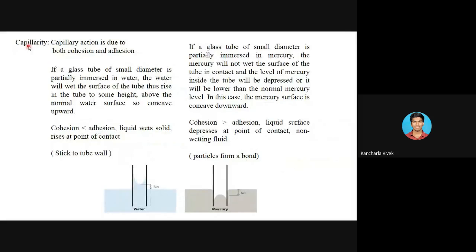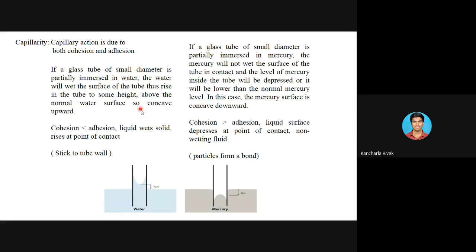Capillary action, however, is due to both cohesion as well as adhesion. So water molecules will be pulling other water molecules beside or beneath them, and also water molecules get stuck to the wall of the tube.